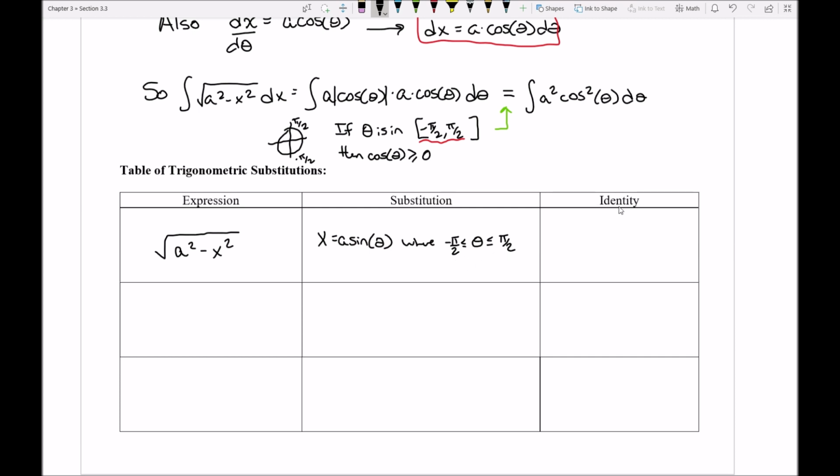We'll also notice that there was an identity that we used to simplify some things down. Specifically here, we used 1 minus sine squared of theta to be equal to cosine squared of theta. And this isn't the only substitution I could do here. I could also do something like a times the cosine of theta.